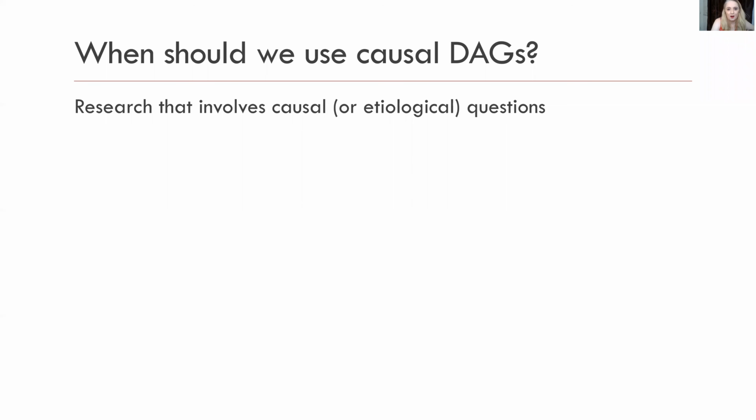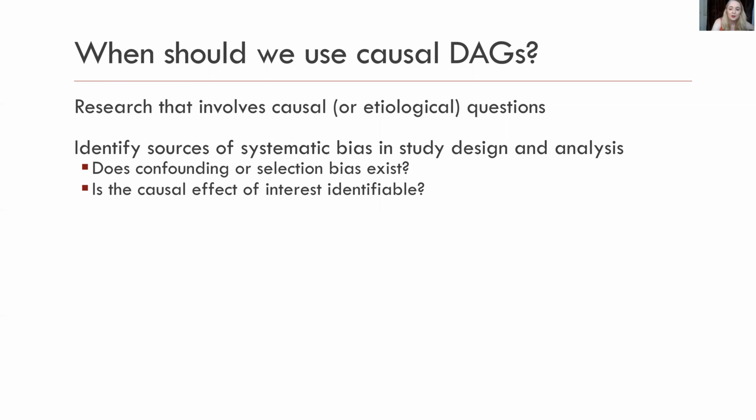So when should we use a causal DAG? Whenever we want to do any kind of research that involves a causal or etiologic question, a causal DAG is appropriate to use. Another time we might want to do this is if we're trying to figure out what systematic bias might exist in our study design and analysis, either before we create our study or afterwards when we're assessing it.